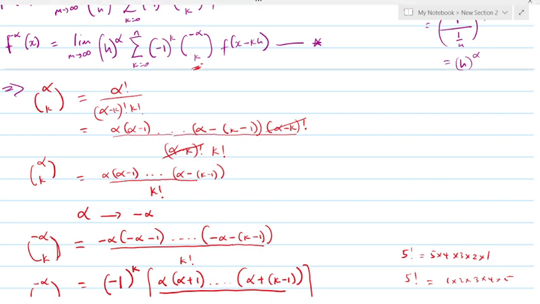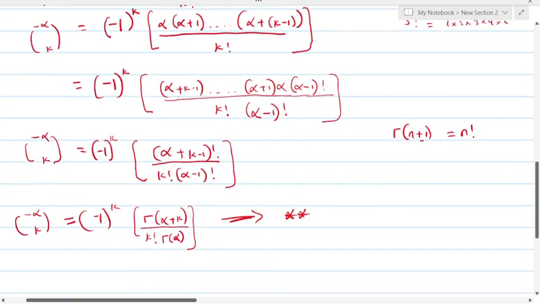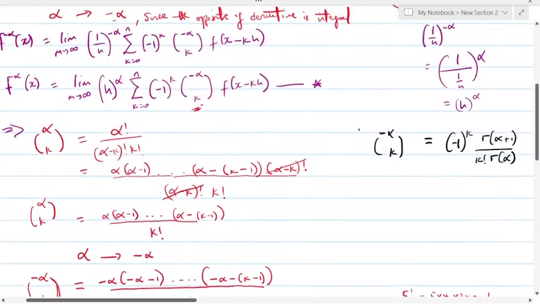Note that we have minus alpha combination k equal to minus 1 to the k gamma alpha plus 1 over k factorial gamma alpha. You can check, I believe that is correct. Good.